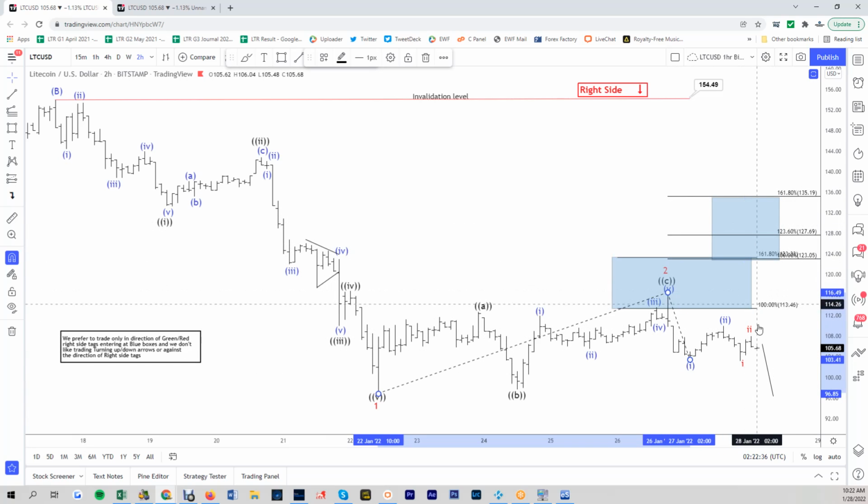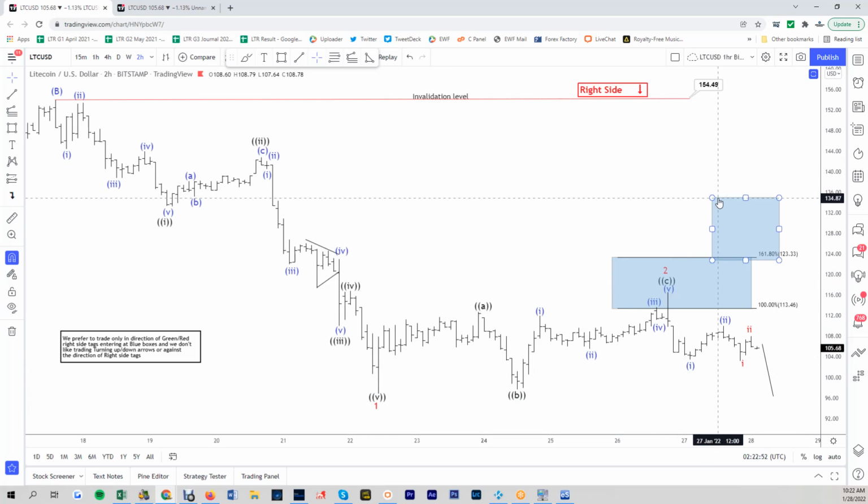So at least do a bigger pullback like this, again allowing people who try to sell to be moving stop loss again, creating risk free again, to see if it can break the low and continue to go down. Right, so that is the shorter cycle, and the shorter cycle is simply looking for more downside as long as this pivot at 154 stays intact.